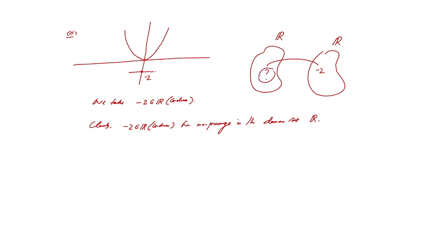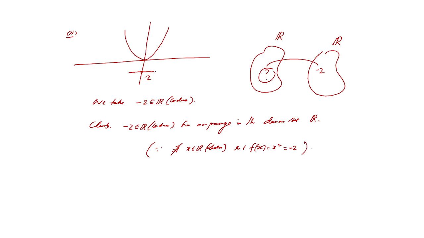Why no preimage? Because there does not exist any x belongs to R, the domain, such that f of x, that means x square, equals minus 2. This is not possible.